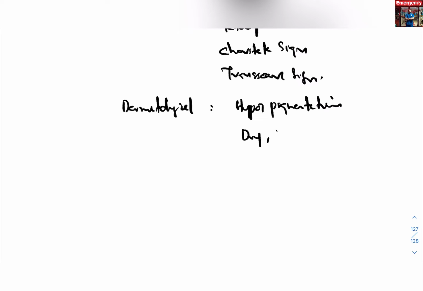Now there may be some dermatological manifestations like hyperpigmentation, dry, scaly skin, and brittle hair.